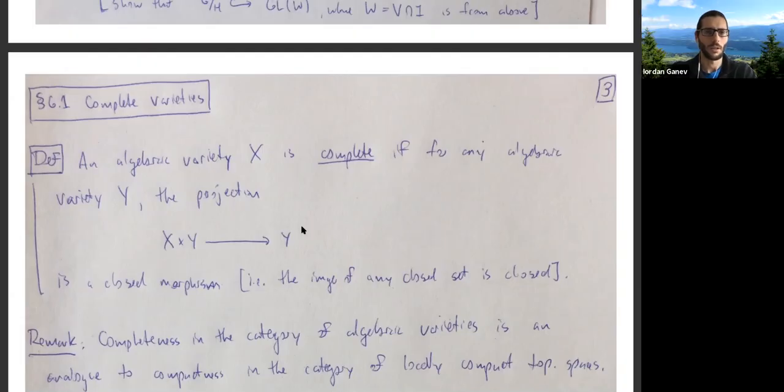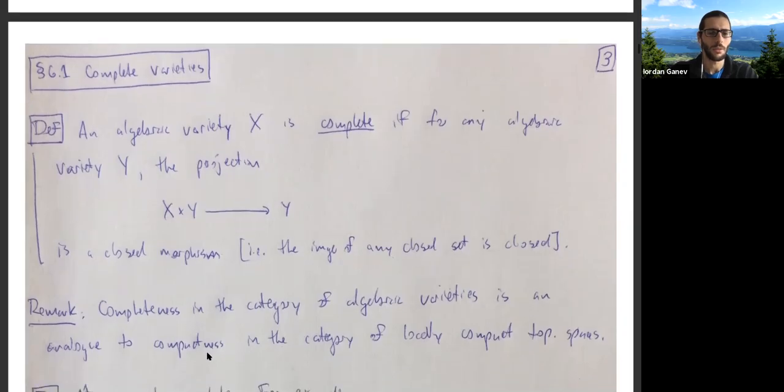Oh, okay. I think I understand. When I said compactness, it was only in this other category of locally compact topological spaces. In that category, we have the definition you were saying, that every cover has a finite subcover. But that definition doesn't transfer nicely to the realm of algebraic varieties, and we need a different definition there.